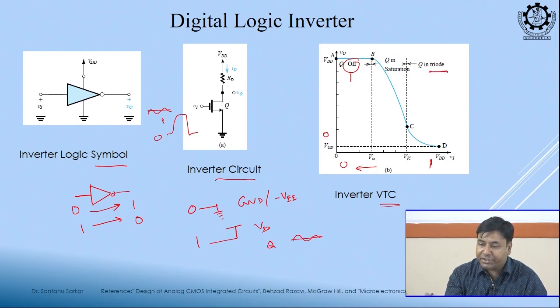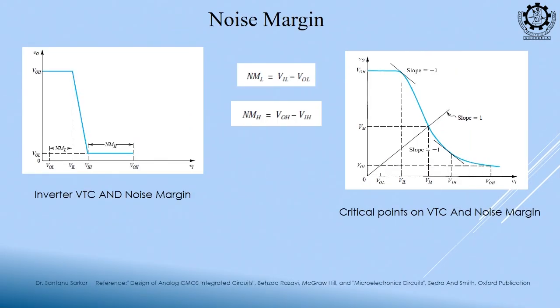Triode or linear region, right, and in between it is in the saturation region. So, in the first and last regions it behaves like digital, and in between it behaves like an analog amplifier, right, we have seen this. So, this is our ideal VTC.